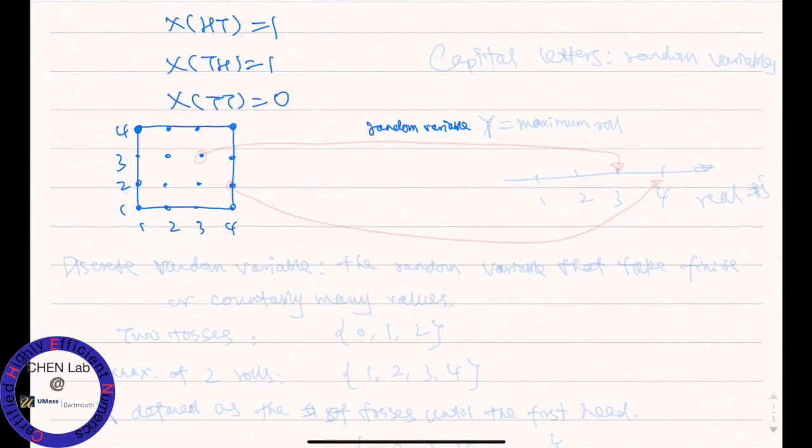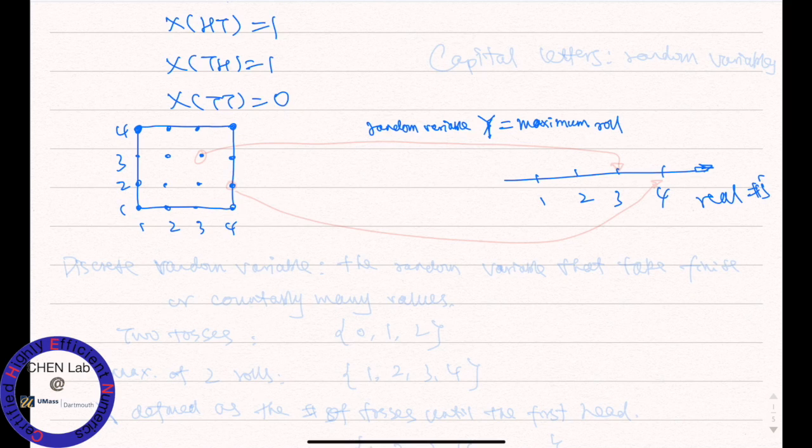If I define Y to be, as we did when we were doing probability, the maximum roll, what that does is that you have 1, 2, 3, 4 on the real axis. It's probably not entirely accurate to put X there. Just say real numbers. It's a real line.